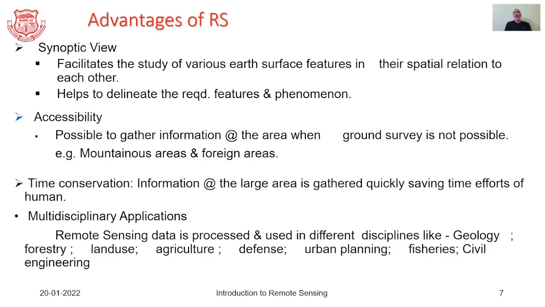Now as you see here, we discussed the energy source and the propagation of the electromagnetic wave through the atmosphere, reaching the features situated on the Earth's surface. The propagation and the interaction with the various constituents of the atmosphere will depict some information.